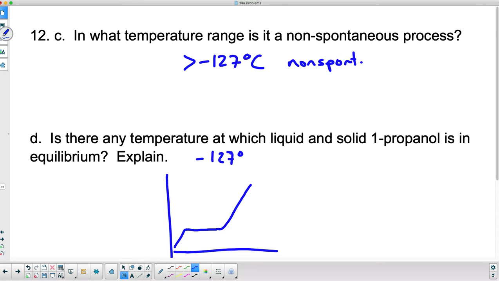This place right here is the melting point, and for 1-propanol, that's at -127 degrees Celsius, and from here to here, the solid and the liquid exist all together in an equilibrium.